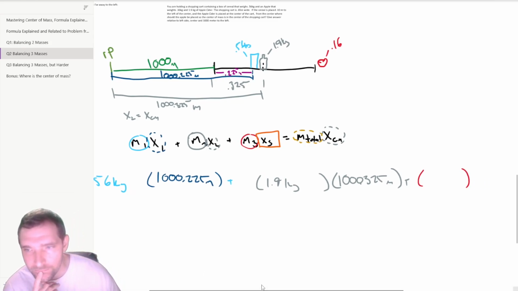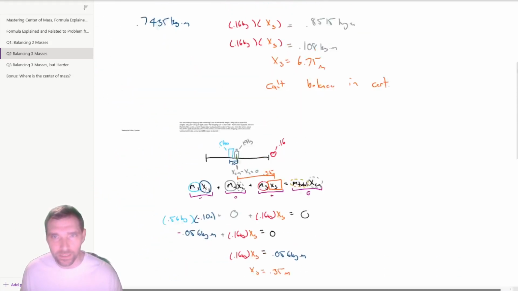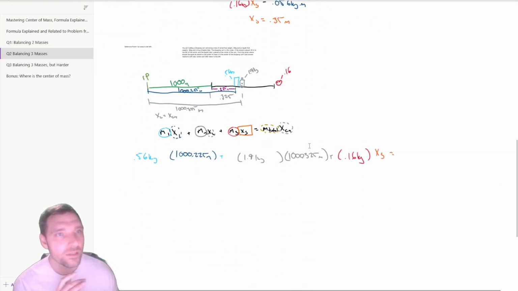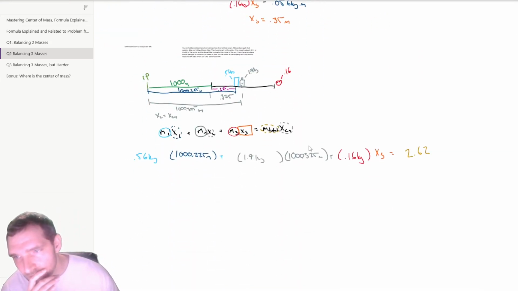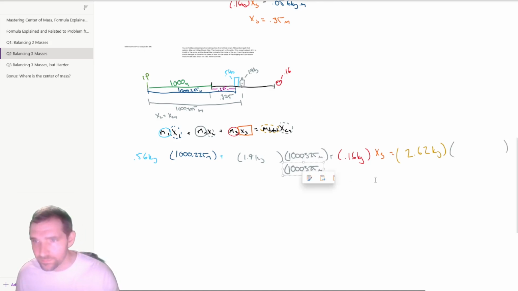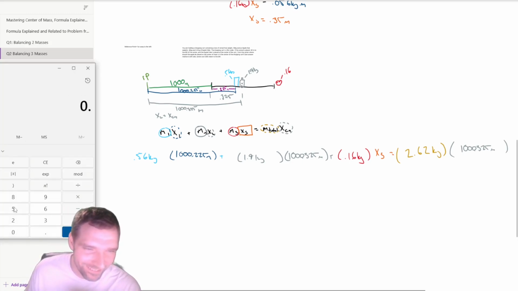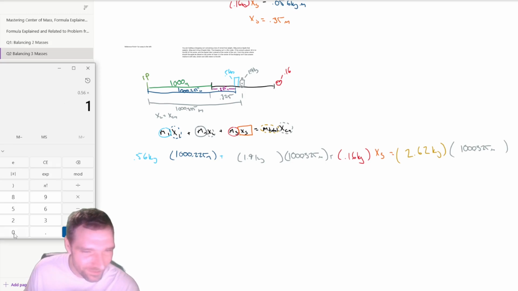This is M3, which we had said was, yeah, 0.16 kilograms. And then that is equal to the same total mass as what we had previously, so 2.62 kilograms times the displacement of the center of mass, which is the same number that we've got right here. So just be careful with your math here, but it should be doable. I might make a small mistake. It's tricky numbers. Got weird numbers.